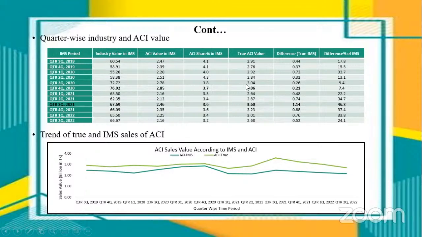The true value of ACI was 24.1% greater than the IMS value.